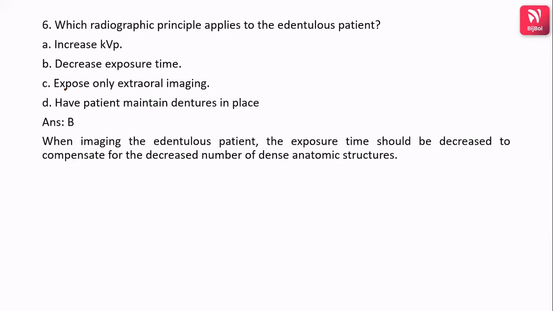So obviously there would be a decreased number of dense anatomic structures for the X-rays to pass. So the radiographic principle would be decreasing the exposure time. That would be sufficient, in order to compensate for the decreased number of dense anatomic structures, that is, you do not have the number of teeth that are normally present in normal people. So in an edentulous patient, there would be a decrease in the exposure time.